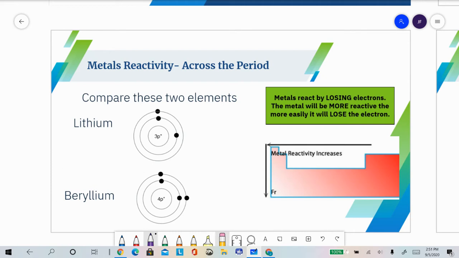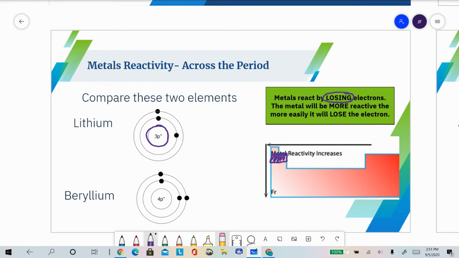Okay, so we're going to start with metals. And remember, metals react by losing electrons. So the more easily it loses the electron, the more reactive it is. So if we compare lithium and beryllium, which are right next to each other on the periodic table, what we find is that there are fewer protons in lithium.